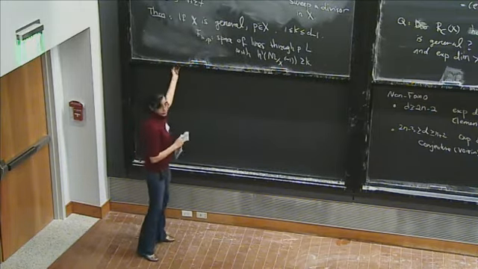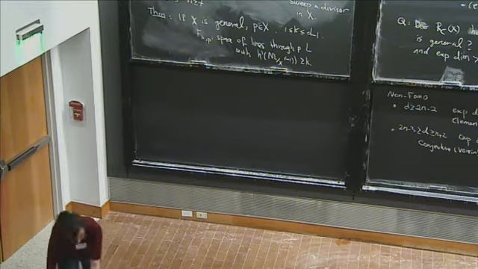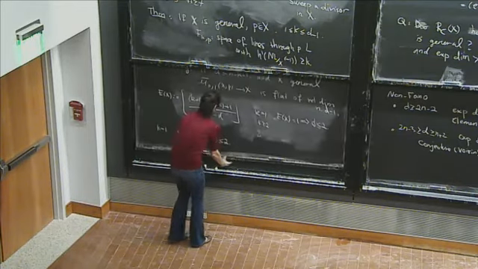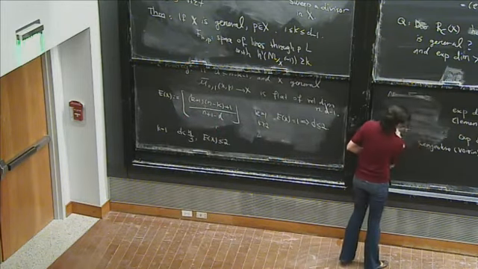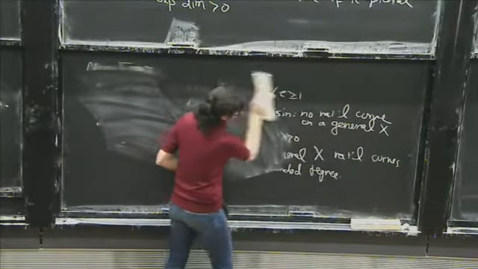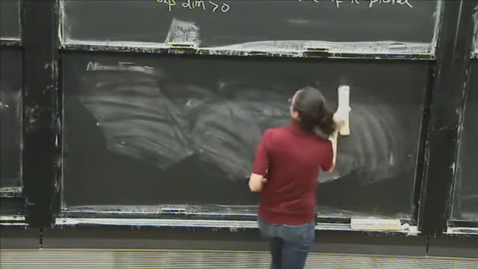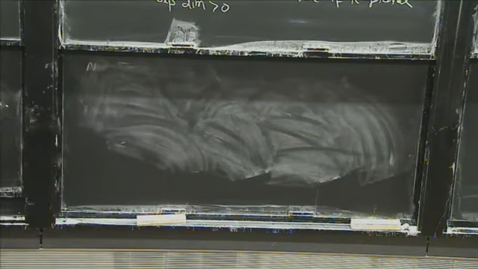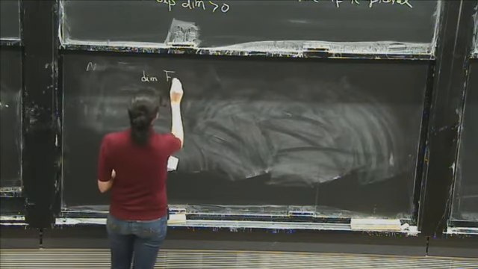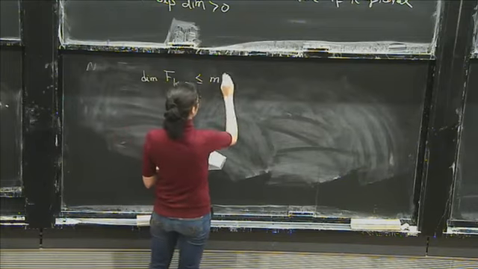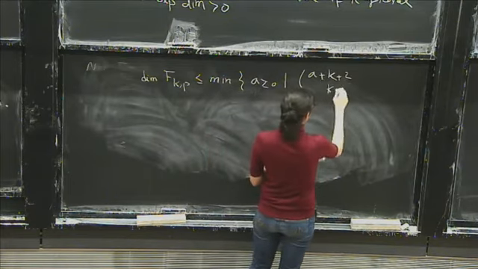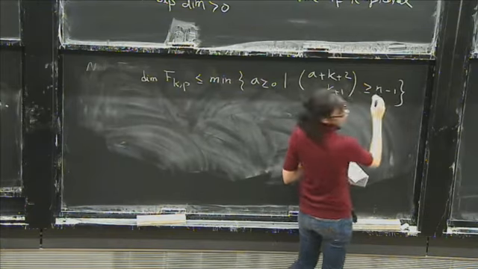Then there is a bound: the dimension of F sub k,P is always less than or equal to the minimum of all non-negative a's such that (a plus k plus 2 choose k plus 1) is greater than or equal to n minus 1. So there is a bound like this.